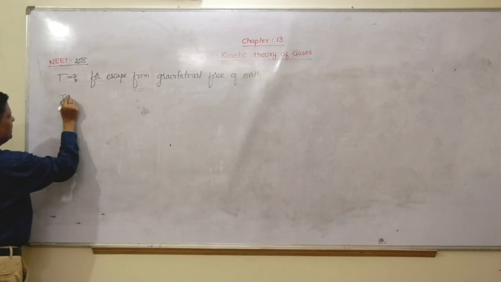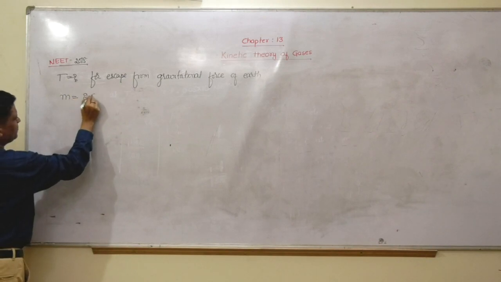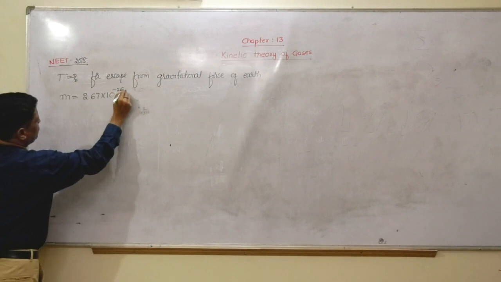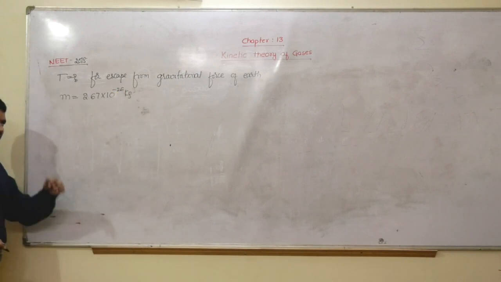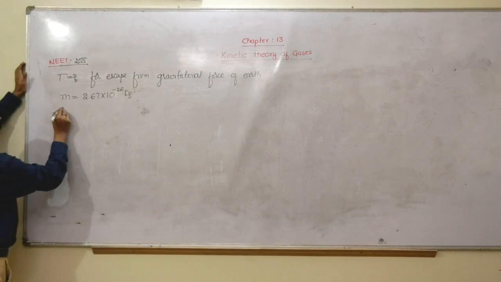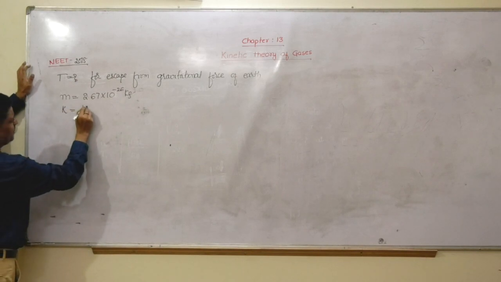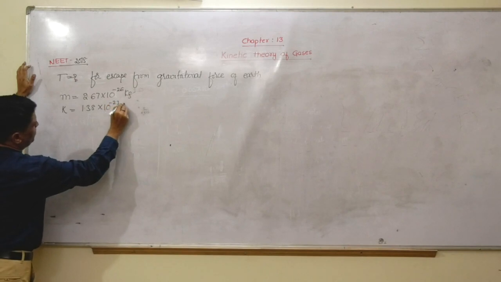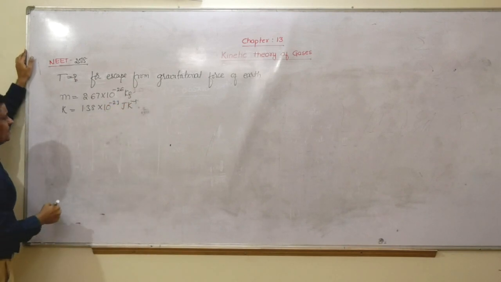Here the mass of the oxygen molecule, I think it was 2.67 into 10 to the power minus 26 kg is given, and K is also given as 1.38 into 10 to the power minus 23 joules per Kelvin. Right?